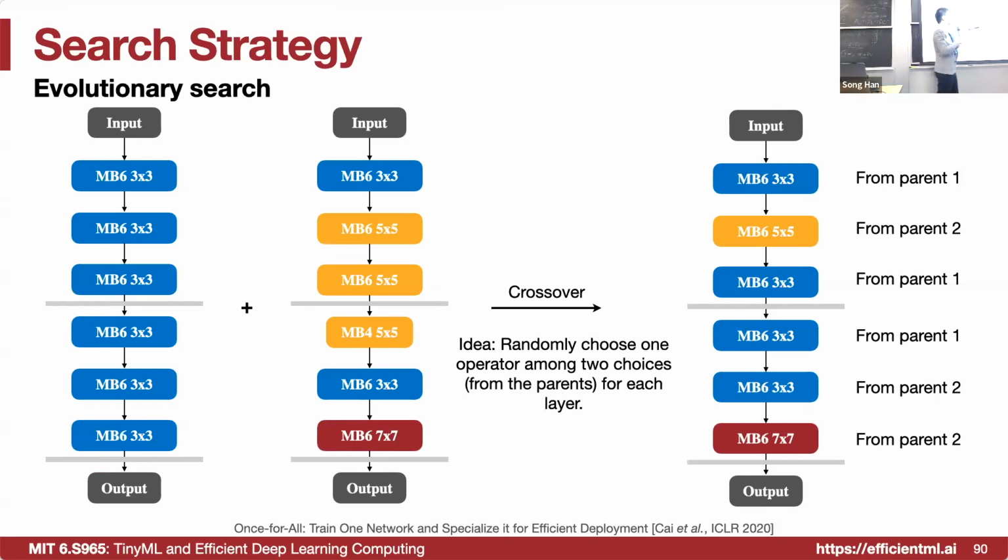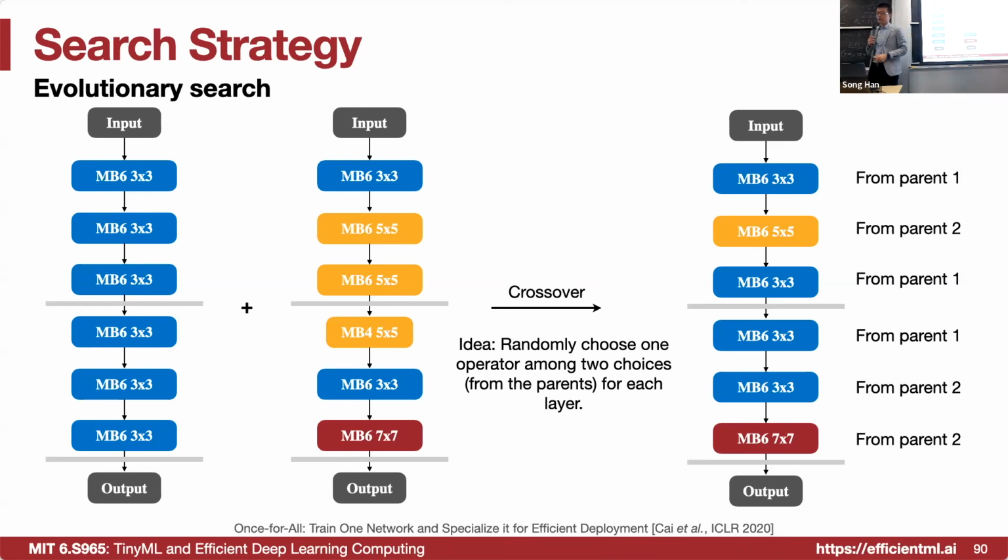Finally, we can do crossover. So this is our first choice, and this is the mutated version. After crossover, we can randomly choose one operator among the 2 choices from these 2 parents, and that is the child. For example, for this layer, we decided to choose 7, and for this layer, we decided to choose the left one, 3x3.